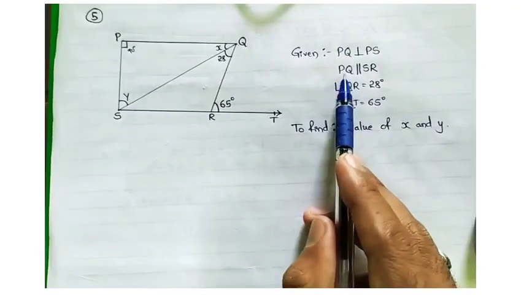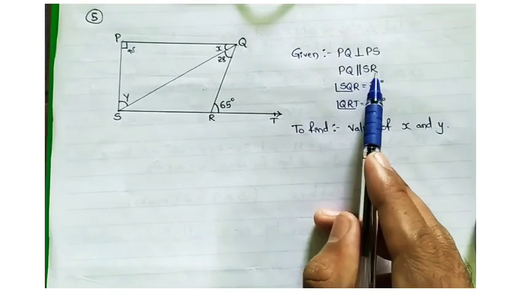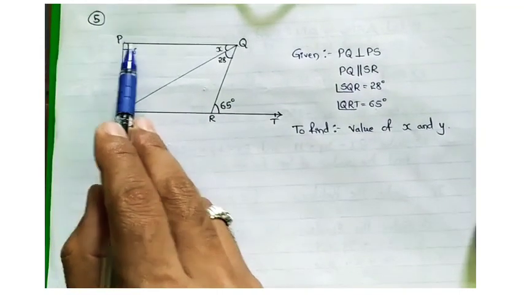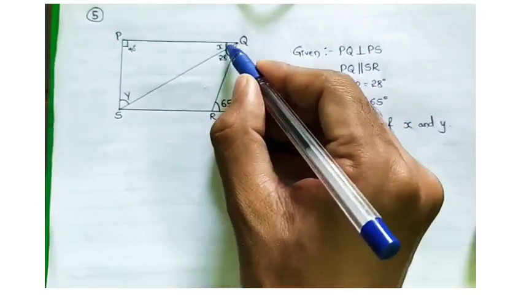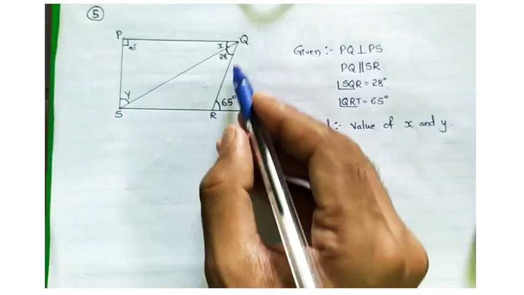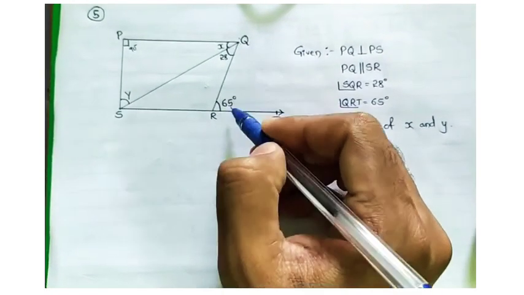Okay, so here they given two parallel lines, those are PQ parallel to SR, then here PQR, this whole angle equal to QRT. Why? Both are alternate angles of a parallel lines.